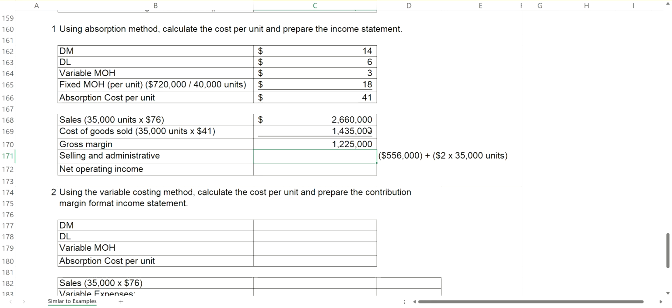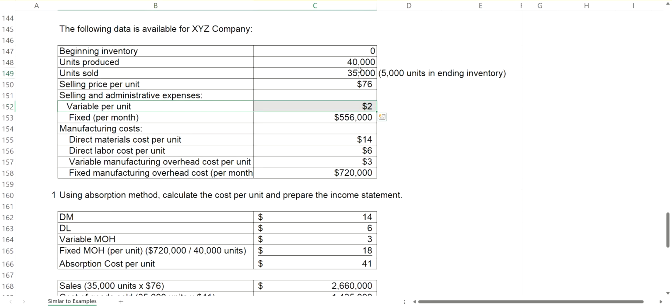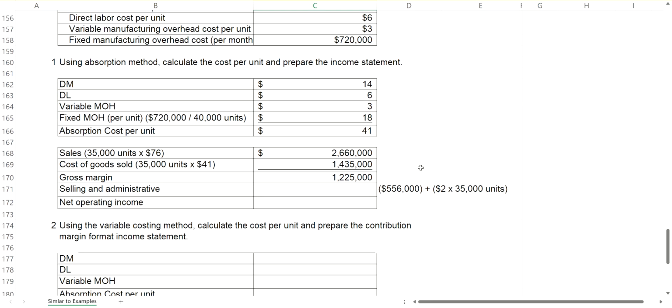Now, we're going to go ahead and just group the variable and fixed selling and administrative expenses together. So I did show how I do the calculation out to the side. Fixed selling and administrative are $556,000, so I started with that. And variable selling and administrative is another $2 per unit sold. And remember, you sold 35,000 units.